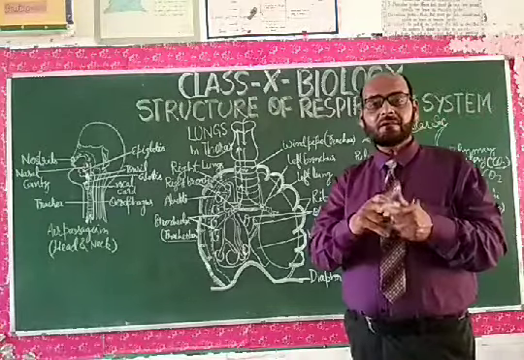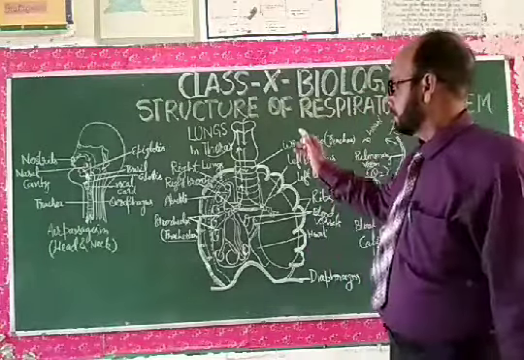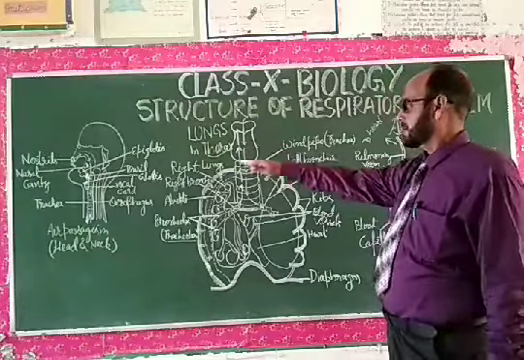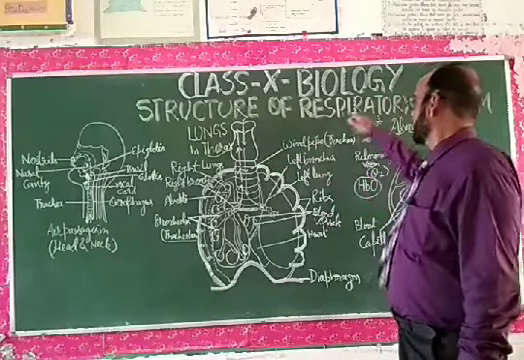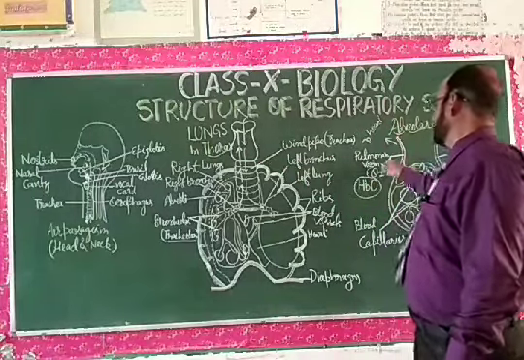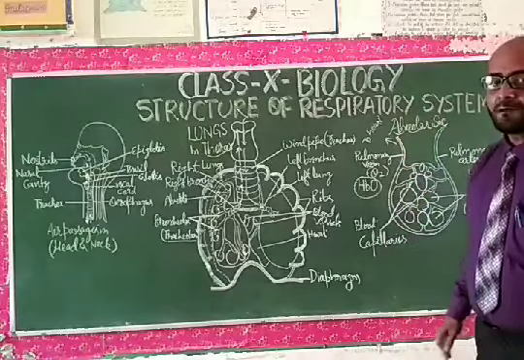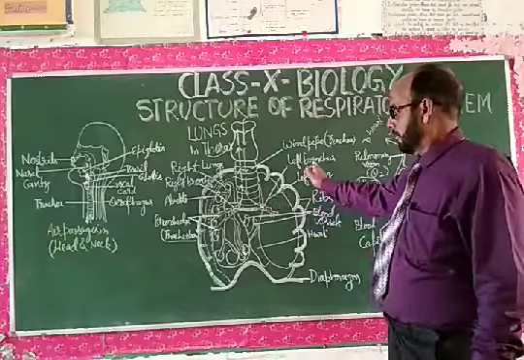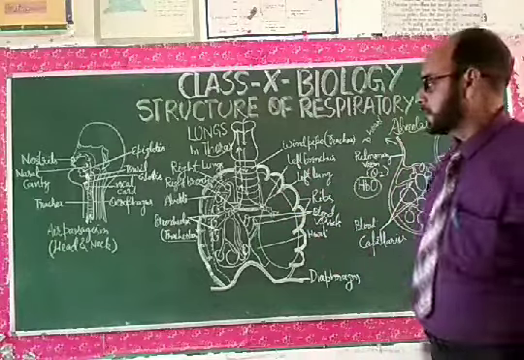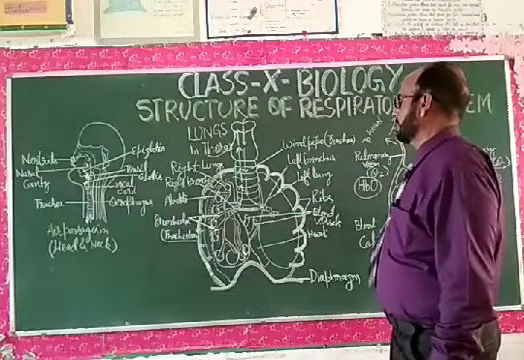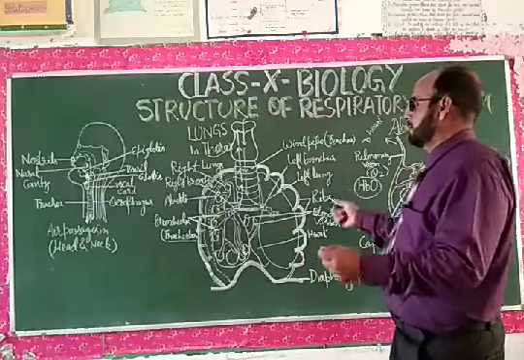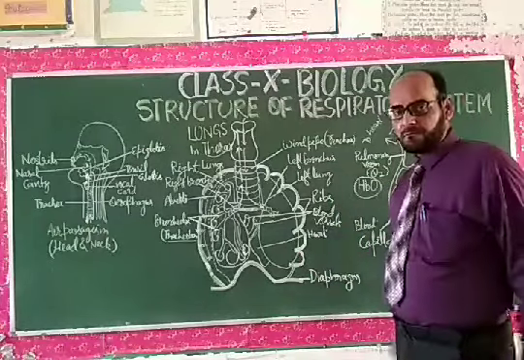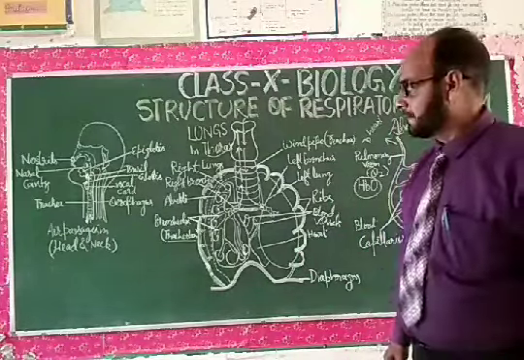So you have to revise the structural organization of the respiratory system of human with the help of this diagram. You have to practice the diagram in your practice copy, so that you will be able to understand the whole structure of this respiratory system of human being.